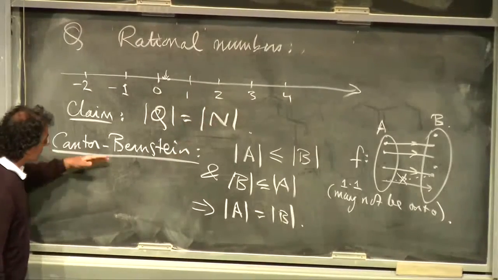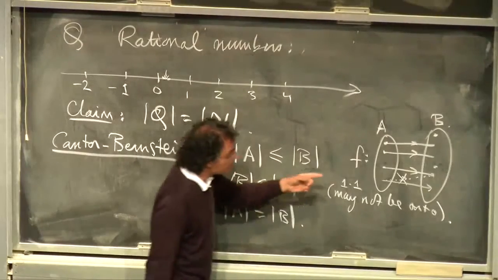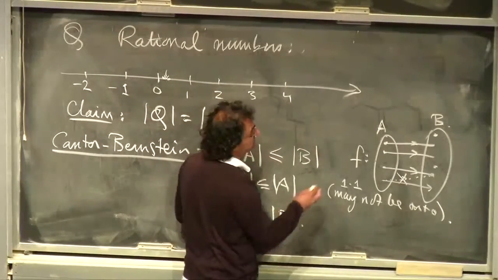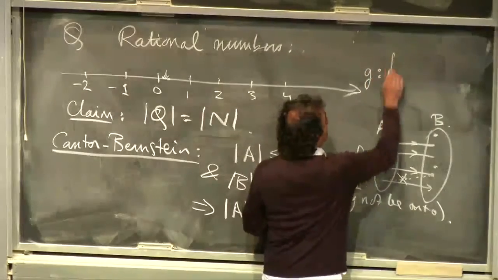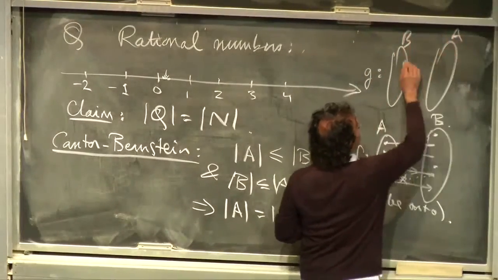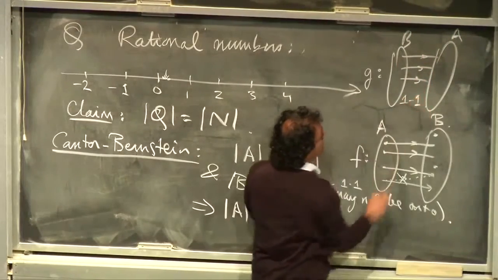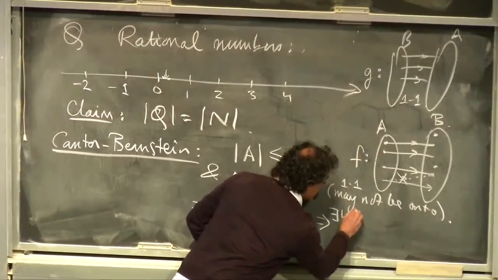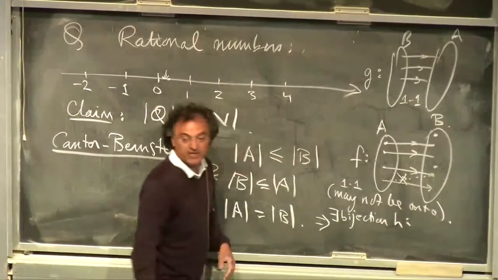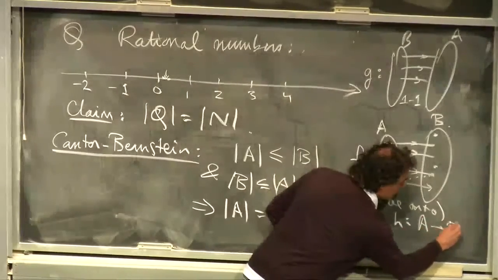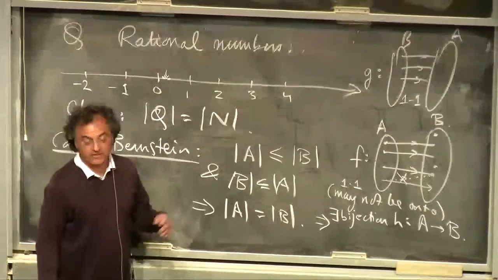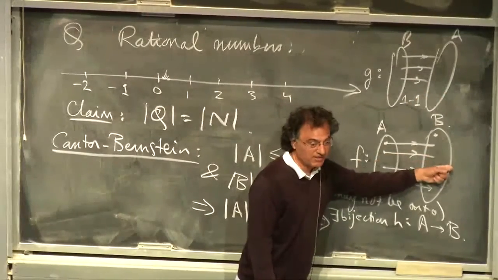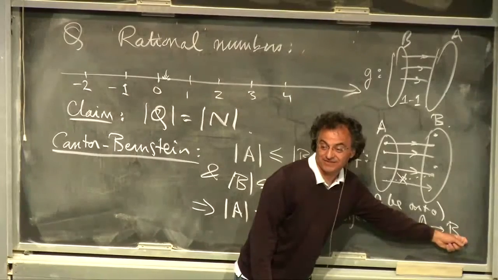What the Cantor-Bernstein theorem says is, suppose I can show you a one-to-one function f which maps A to B. And suppose I also give you a one-to-one function g which maps B to A. So g is one-to-one, f is one-to-one, implies there exists a bijection h which maps A to B. So it's telling us, suppose we know that B is less than or equal to A, and we know that A is less than or equal to B, then we know that A equal to B.